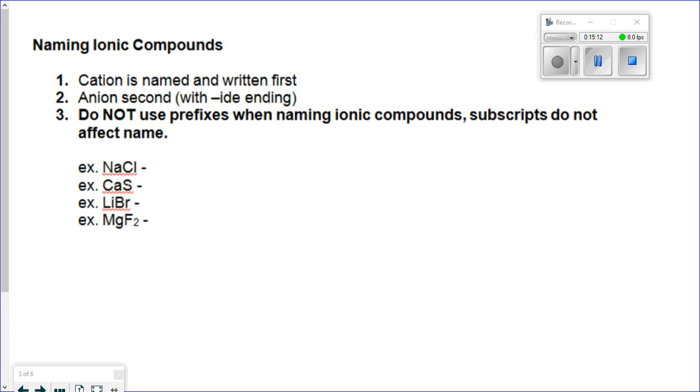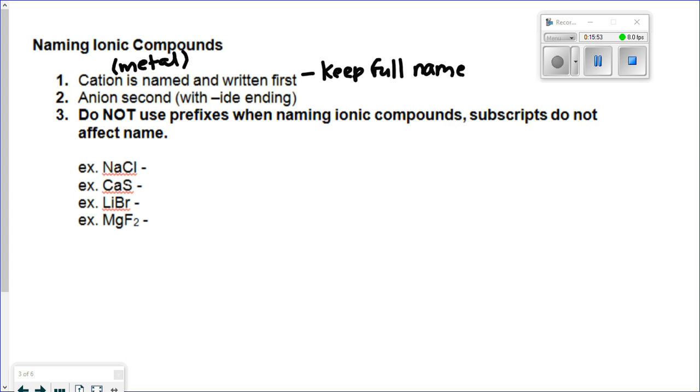So naming, nomenclature, again, I'm going to be sticky with the rules, so make sure you are following them. The way that we name it, our cation or our metal is named and written first, and the anion is written second with the IDE ending. When we name the cation part for step one, we keep its full name. So don't go trying to change magnesium to magnesite or something like that. You keep the full name.